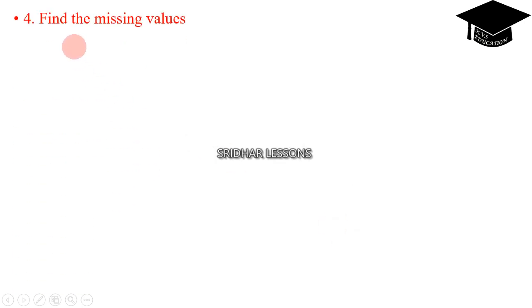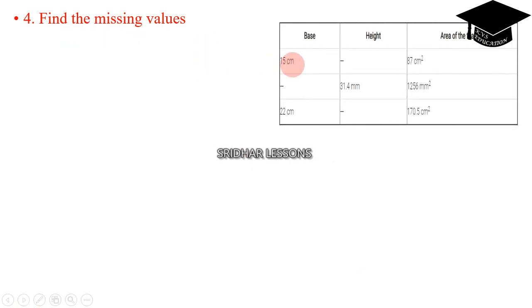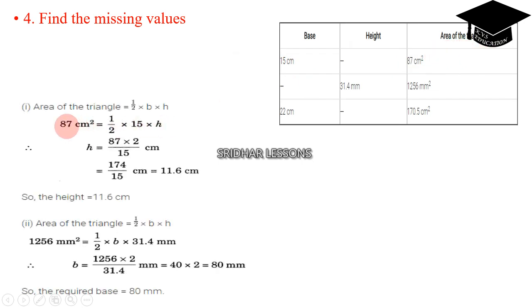Next question, question number 4. Find the missing values. Base, height and area of the triangle. Here he has given the area of the triangle. For the first one, the area of the triangle formula is 1 by 2 into BH. He has given the area of the triangle as 87 centimeters square, which equals 1 by 2 into 15.